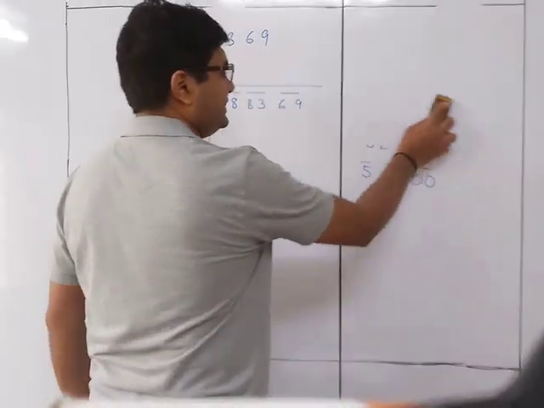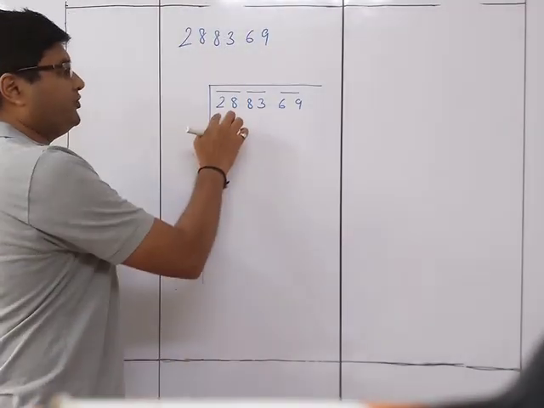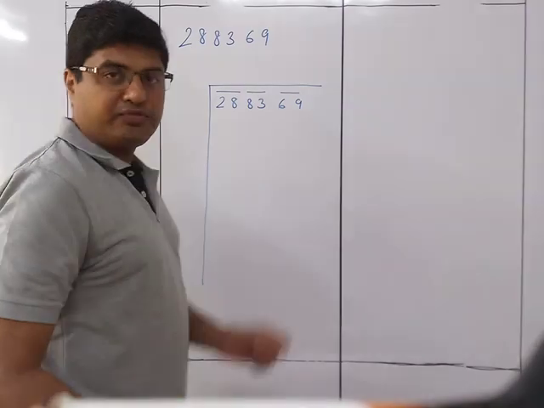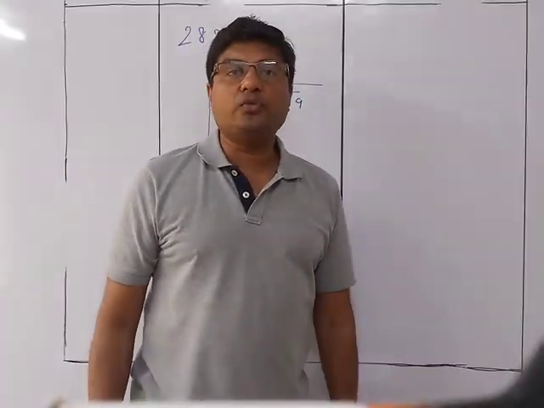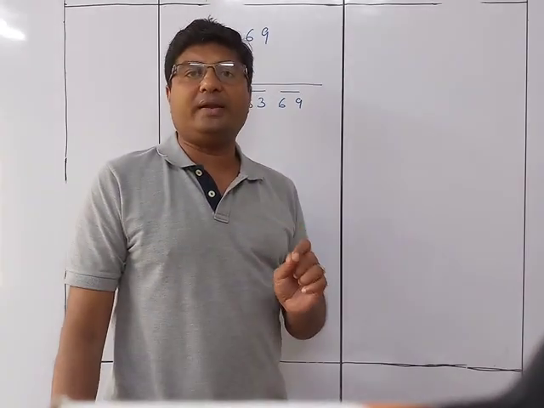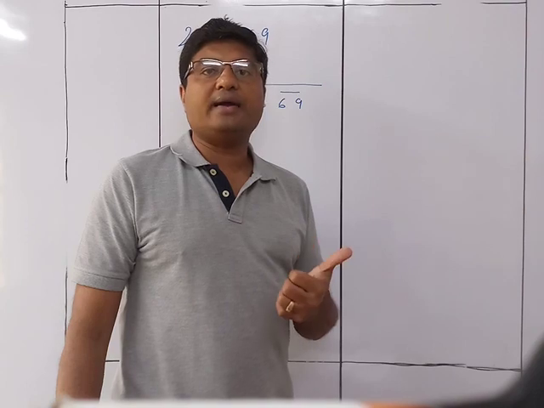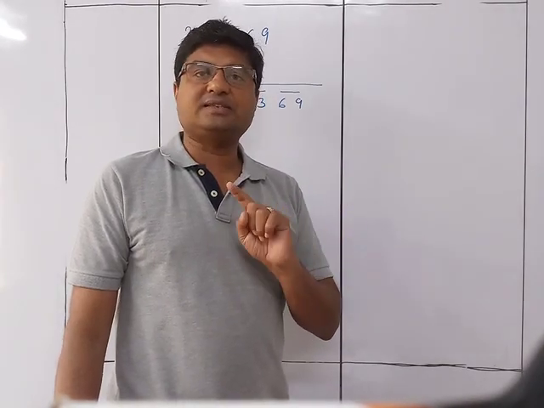The next thing is to identify the first pair, which is 28. Firstly we try to find the nearest square number to 28. I know that 5 fives are 25, whereas 6 sixes are 36.